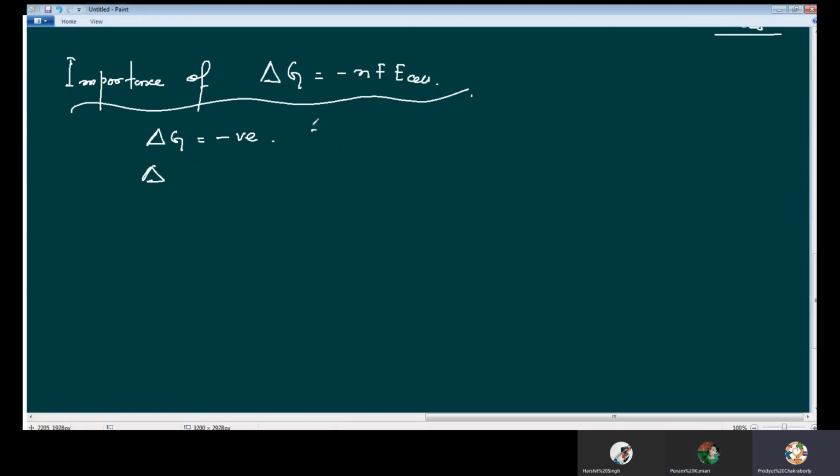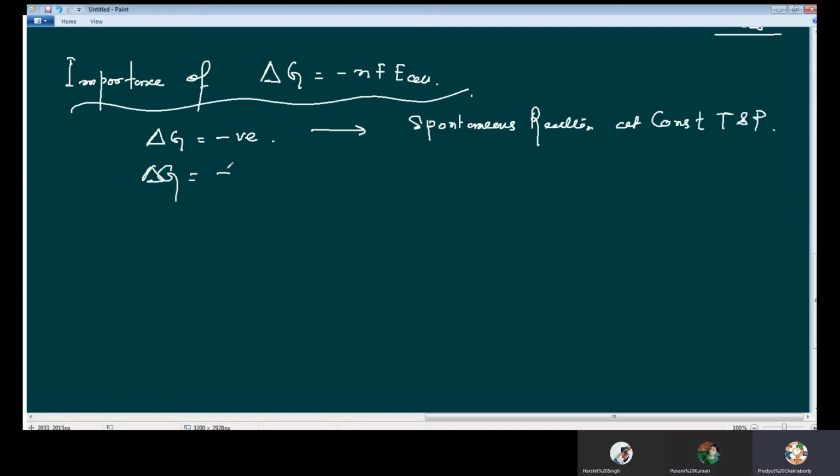And del G is positive, meaning an increase in the free energy, for a non-spontaneous reaction, at constant temperature and pressure.